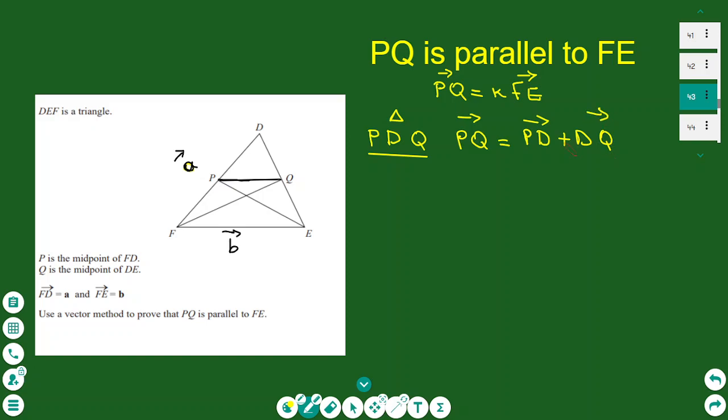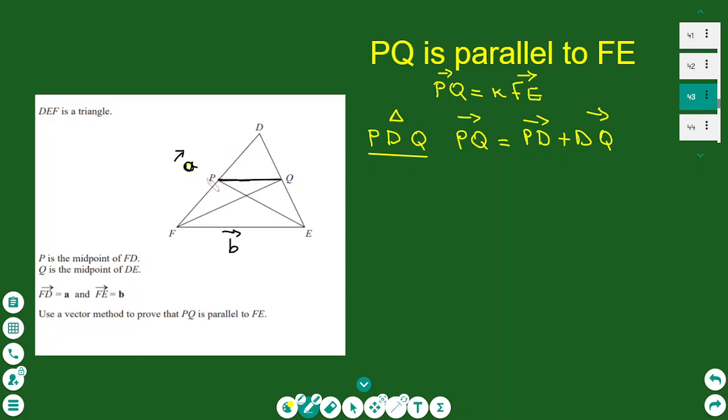This is one equation I found here. Because the exercise gives you some terms A and B, it is helpful here to replace some vectors with the A and the B. For example, here I know the FD is A.